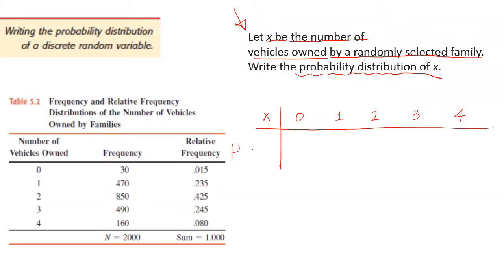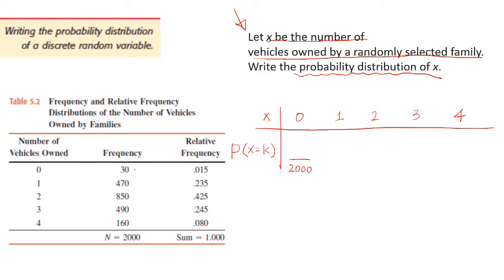And then on the second row, we list the probability of X being any of the 5 possible values, right? So what is the probability of X being 0? That's actually a ratio, right? You have 2,000 families in total. So how many families own 0 vehicles?